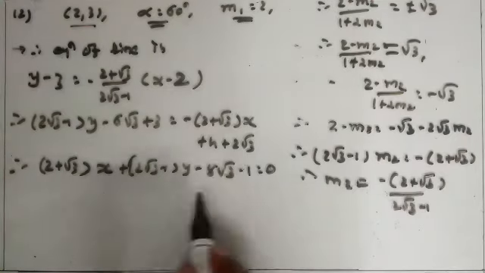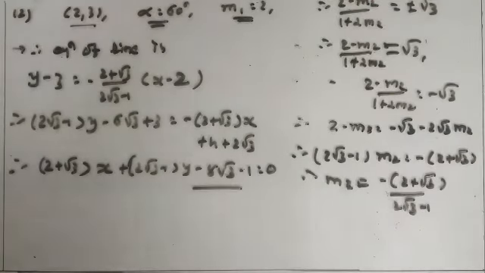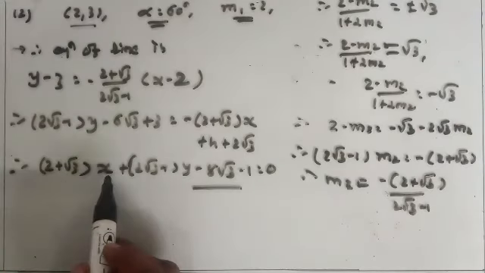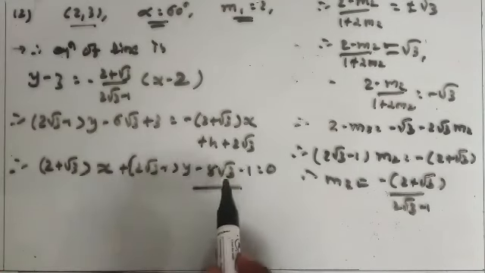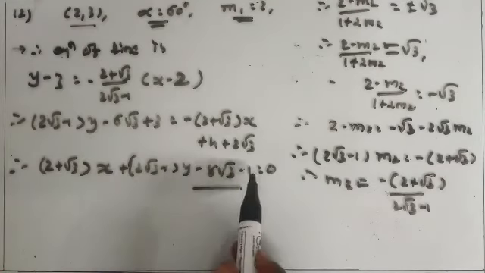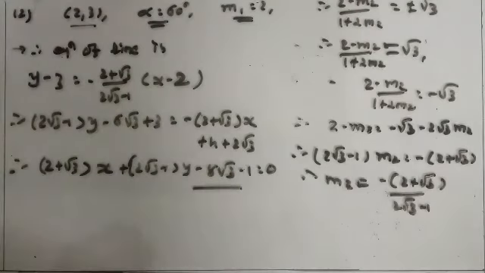Clear? So this becomes the equation of the line. Second equation: (2 plus root 3) x plus (2 root 3 minus 1) into y minus 8 root 3 minus 1 equal to 0. Now question number 13.